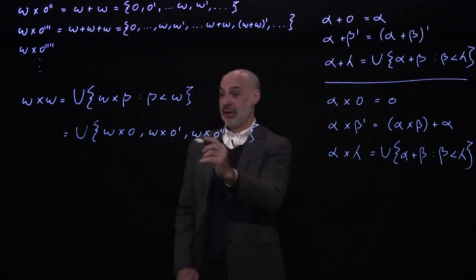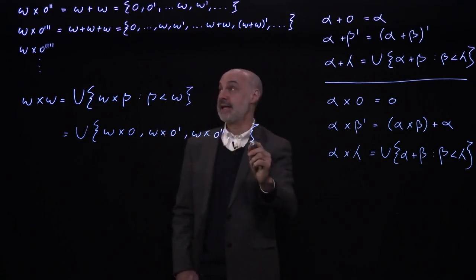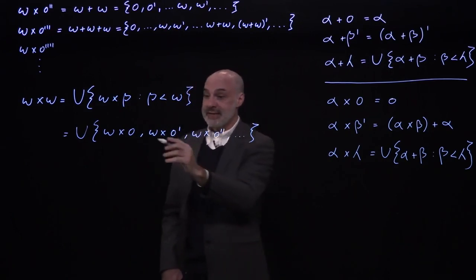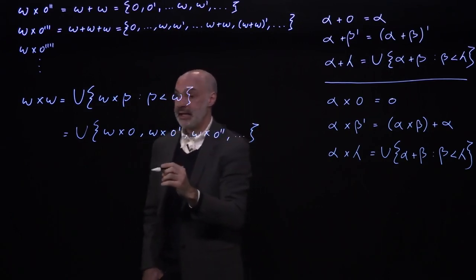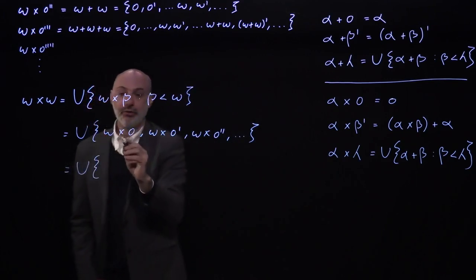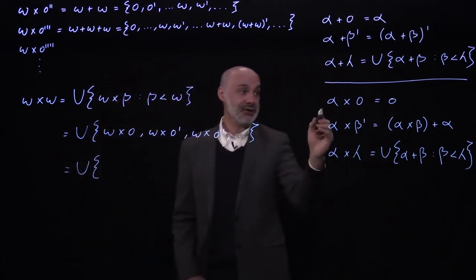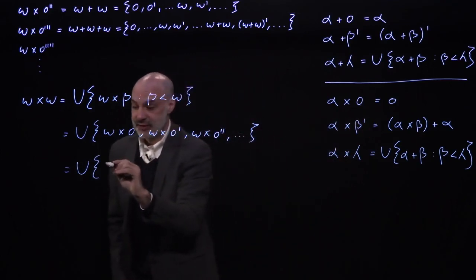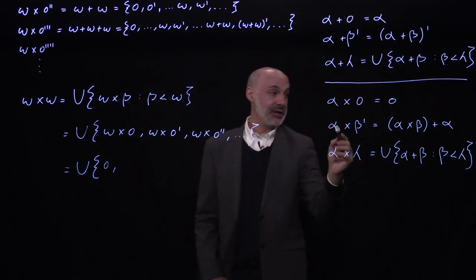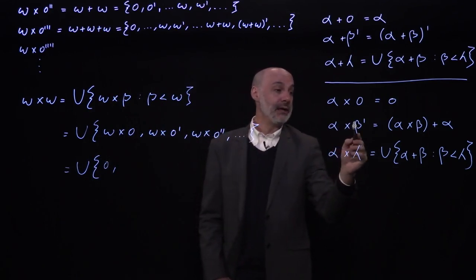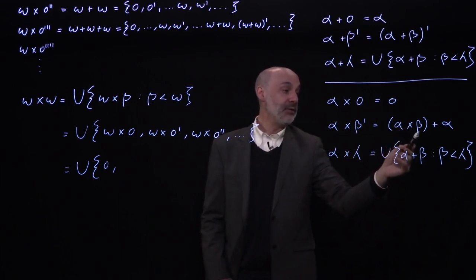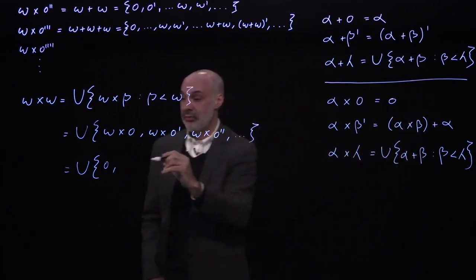And happily, most of these sets are precisely the ones we've defined before. We haven't defined the first two before, but it's very easy to see what those are. So by the first clause of multiplication, omega times 0 is just 0. By the second clause of multiplication, omega times 1 is omega times 0, which is 0, plus omega, which is just omega.